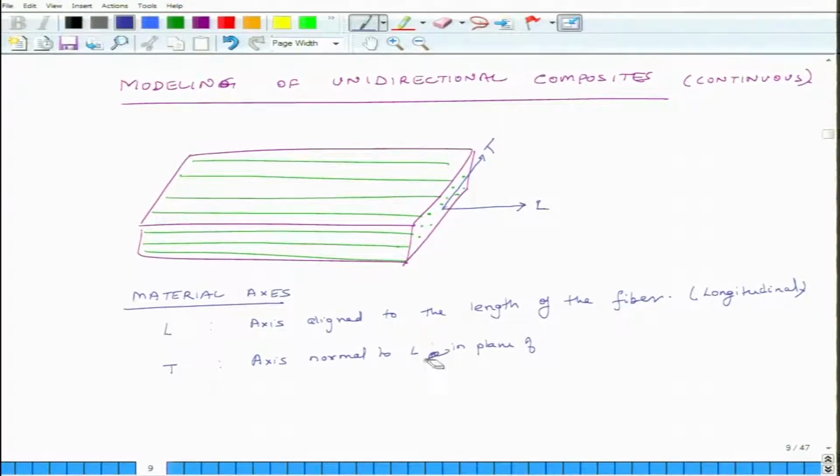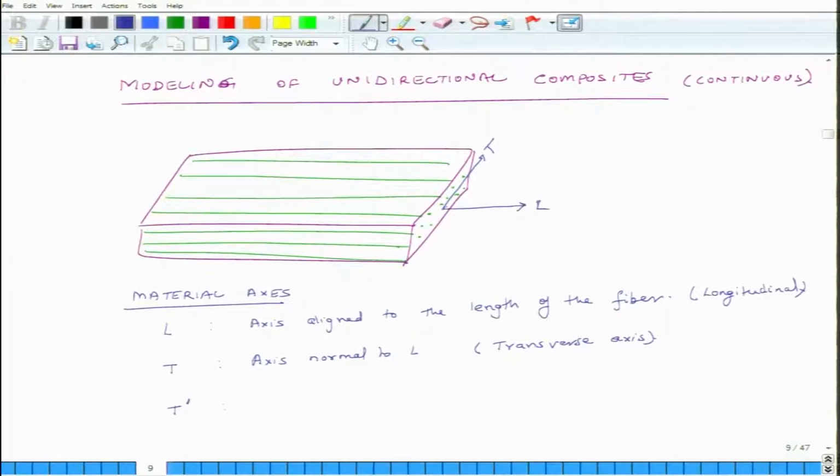So, this axis is normal to L and this is called transverse axis. And then there is a third direction, because you always want to have 3 sets of mutually orthogonal axes which are at 90 degrees to each other. So, the third axis we call T prime.